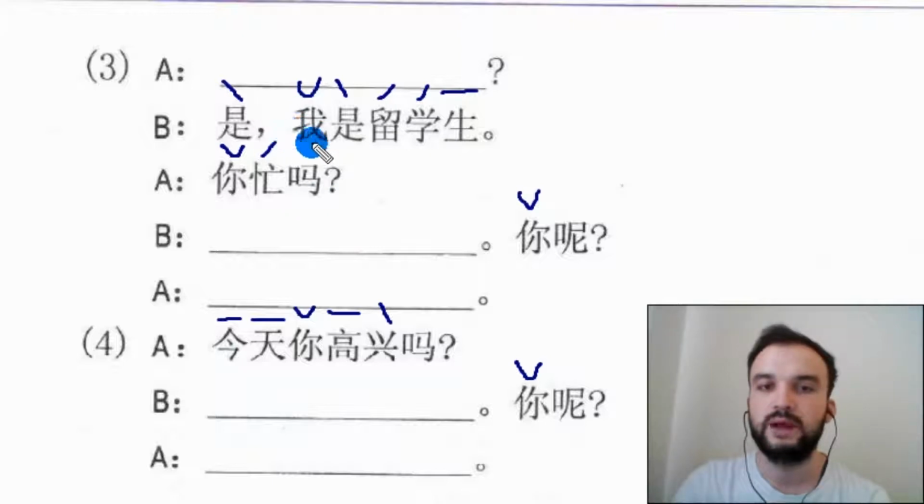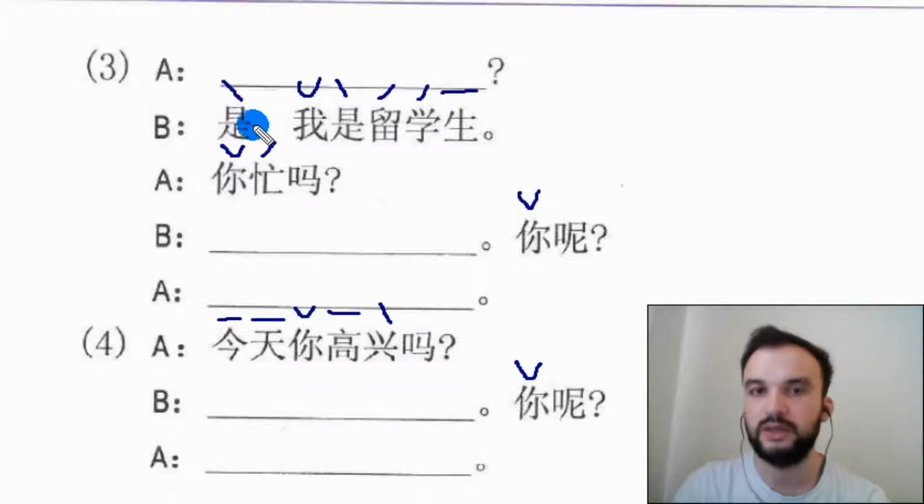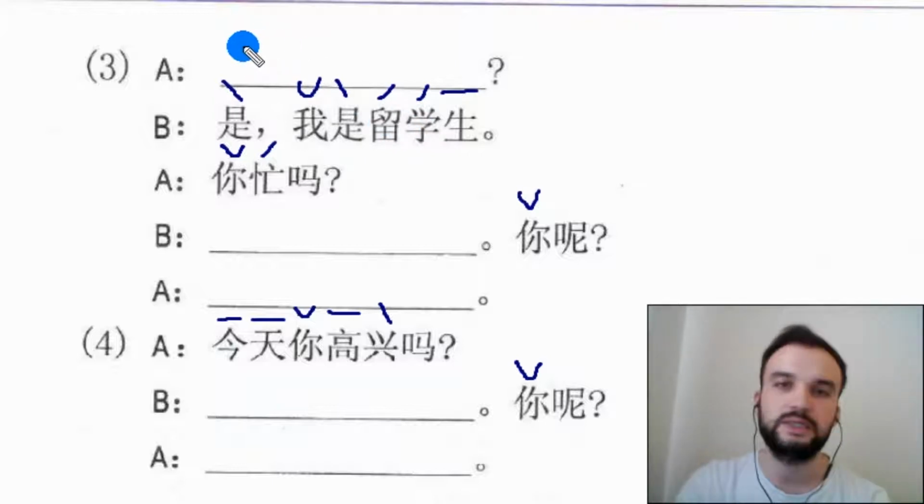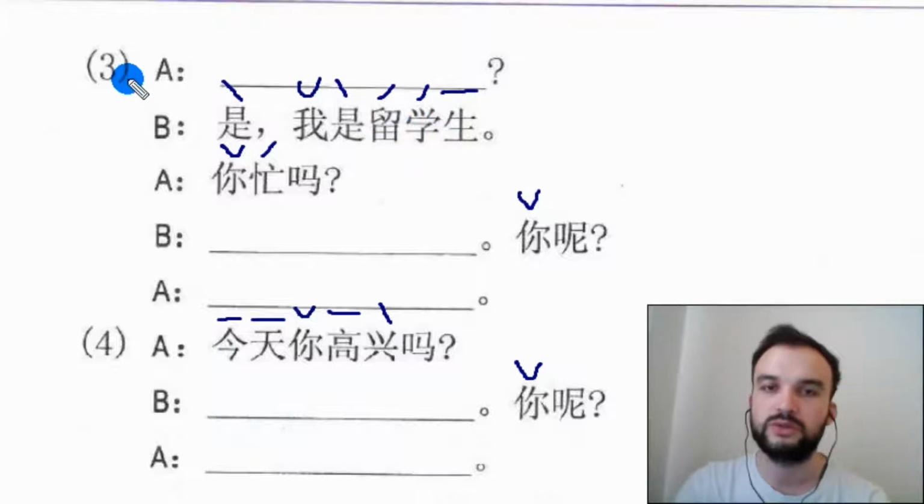So the answer is 我是留学生. I am a foreigner student. So why should we ask, are you a foreigner student? Sure, yes, 我是留学生. Yes, I am a foreigner student. So how can we ask, are you a foreigner student in Chinese?